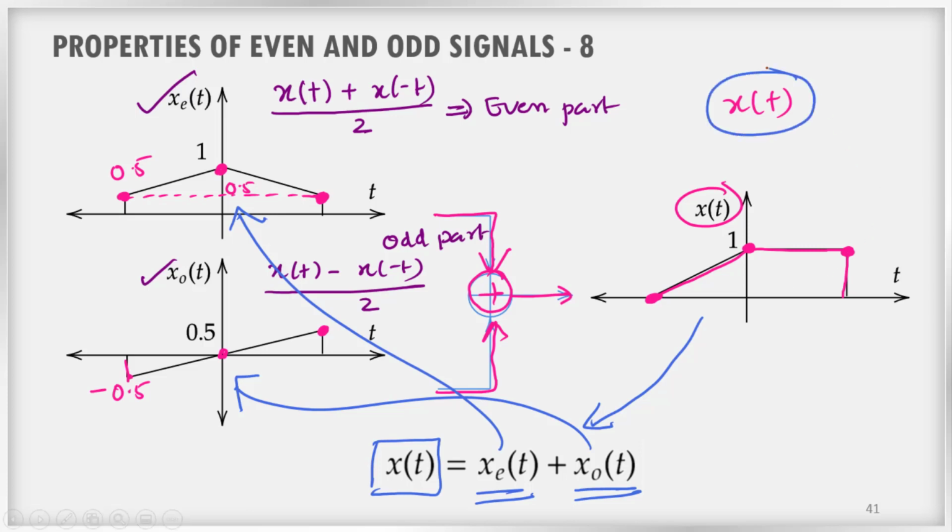So we have seen how to construct the even part of the signal from the original signal using this particular mathematical formula, and how to construct the odd part using this particular mathematical formula, and what happens if we add this odd part and even part. You will get the original signal back.